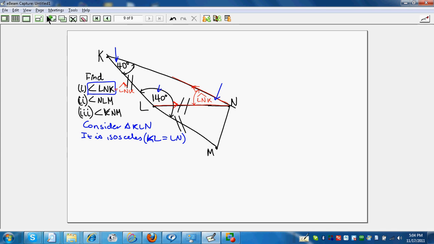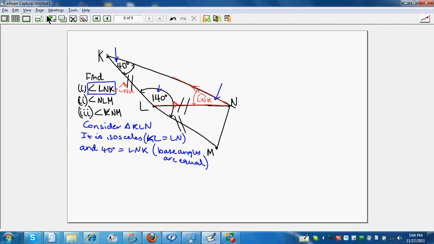So we write that. Consider the triangle KLN. It is isosceles since KL is equal to LN. And 40 degrees must be equal to angle LNK because they are the base angles. Right?